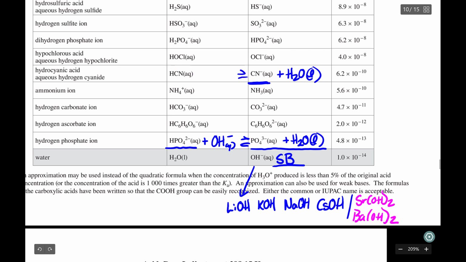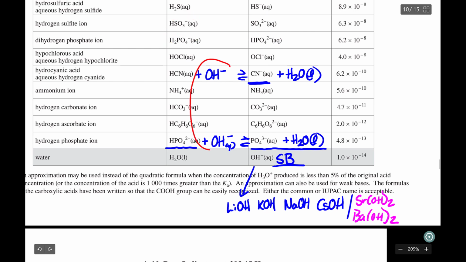I'd have my equilibrium arrow, and then plus OH minus. Again, I'm writing it in this direction if I was asking for a base ionization. And essentially these two things are just interchangeable, right? So for the next question, it could be this becoming this, or this becoming this, or this becoming this.